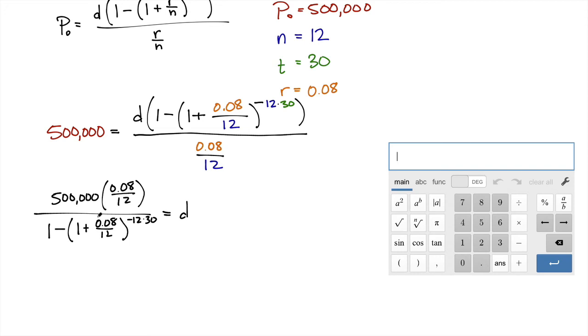So we have a fraction of 500,000 times 0.08 divided by 12.